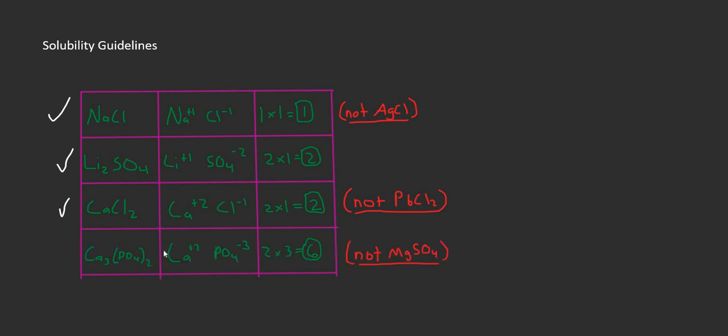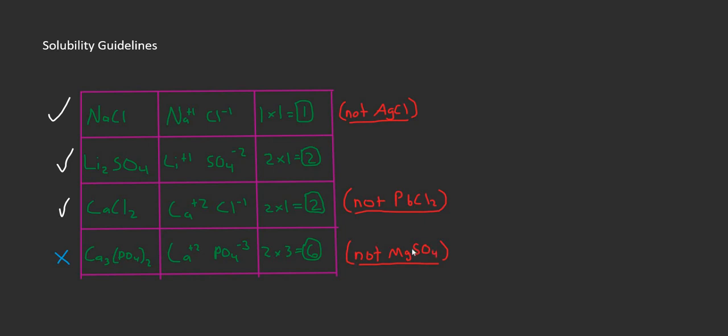So in our final group we have the example of calcium phosphate. So we have the calcium ion, which is +2, the phosphate ion, which is -3, so 2 times 3 is equal to 6. 6 is greater than 4, so we'll probably give this an X. So these are generally going to be non-soluble, those whose charges multiply to equal 4 or greater.